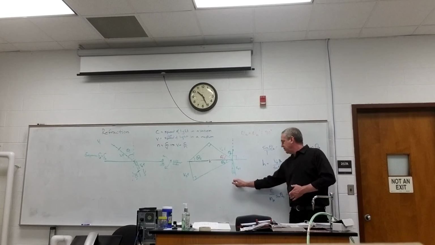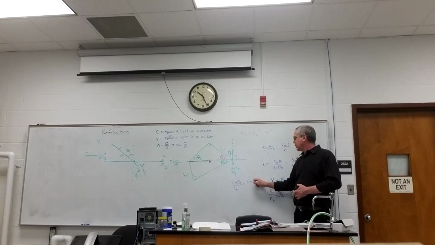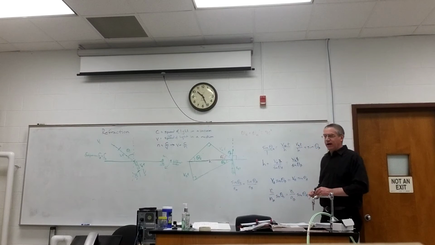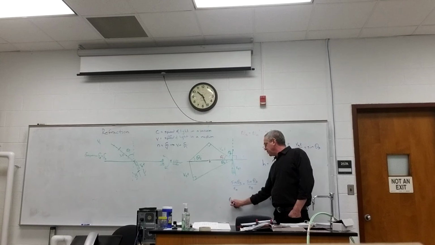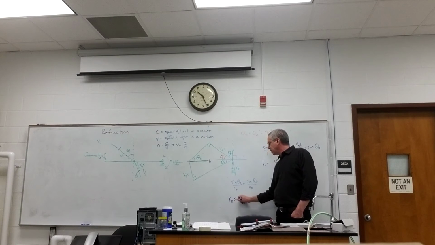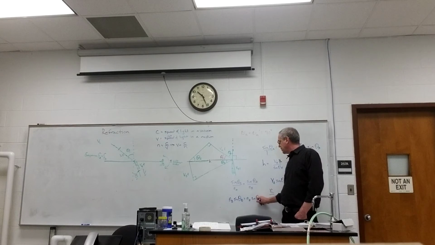So I'm left with sine theta B over n sub A equals sine theta A over n sub B. And now cross multiply again, put it in a more common form. n sub B sine theta B equals n sub A sine theta A.